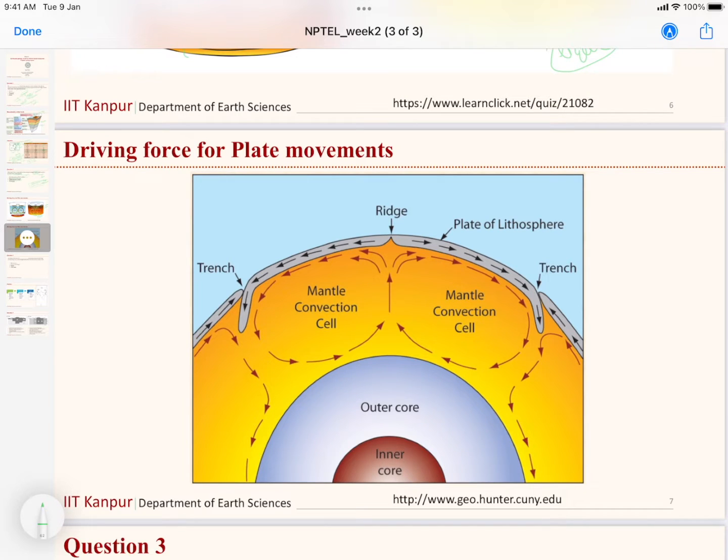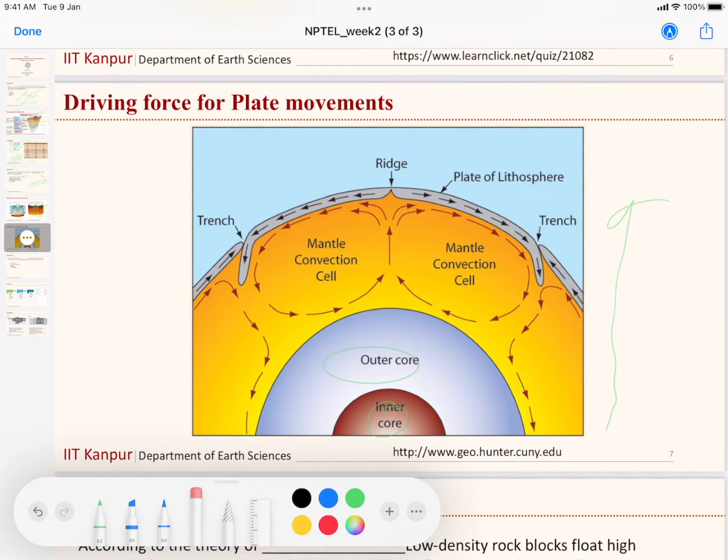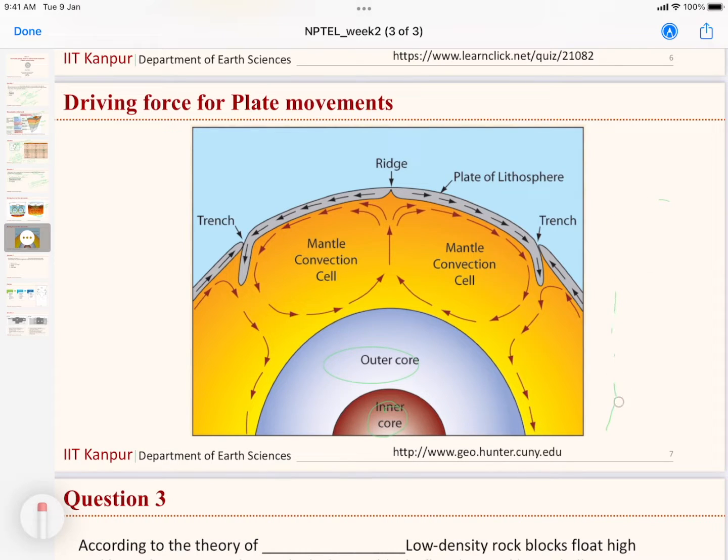Again, to give the exact scenario of the earth, we can see that we have an inner core and then we have an outer core, and here if I would like to show a scale of depth, the direction of depth would be this way.